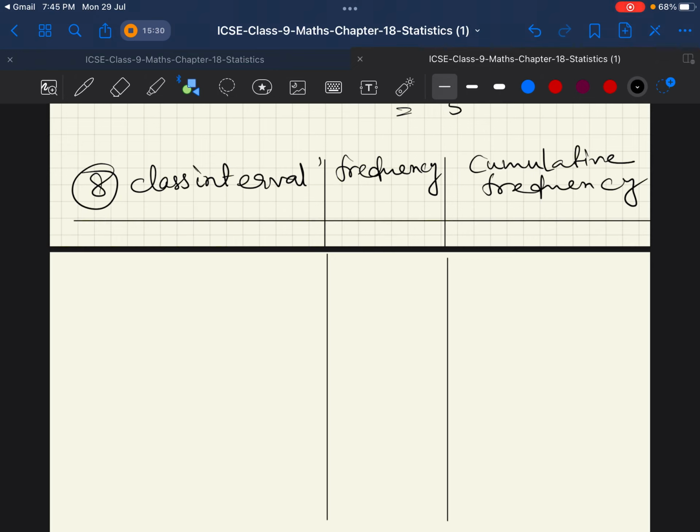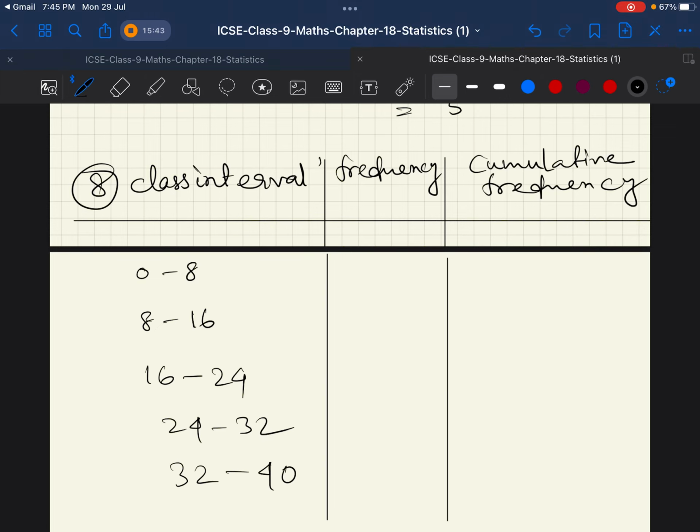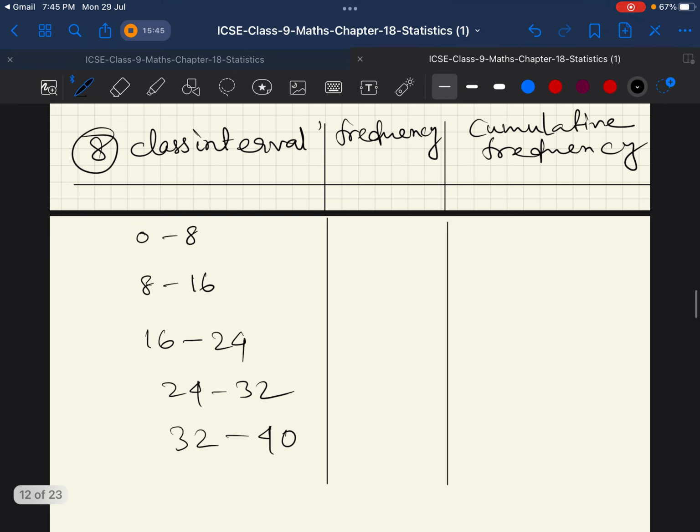Okay, so here you see the class interval 0 to 8, 8 to 16, 16 to 24, 24 to 32, 32 to 40. These are exclusive distribution. So here lower limit and upper limit overlap.